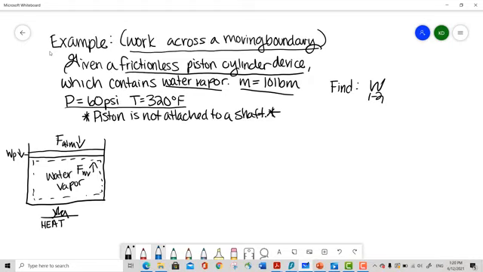And so we know that we can do the sum of forces here in the y direction. So we've got a negative atmospheric force, a negative weight of the piston, and the water vapor, which I'm just going to denote as W water, equal to 0.